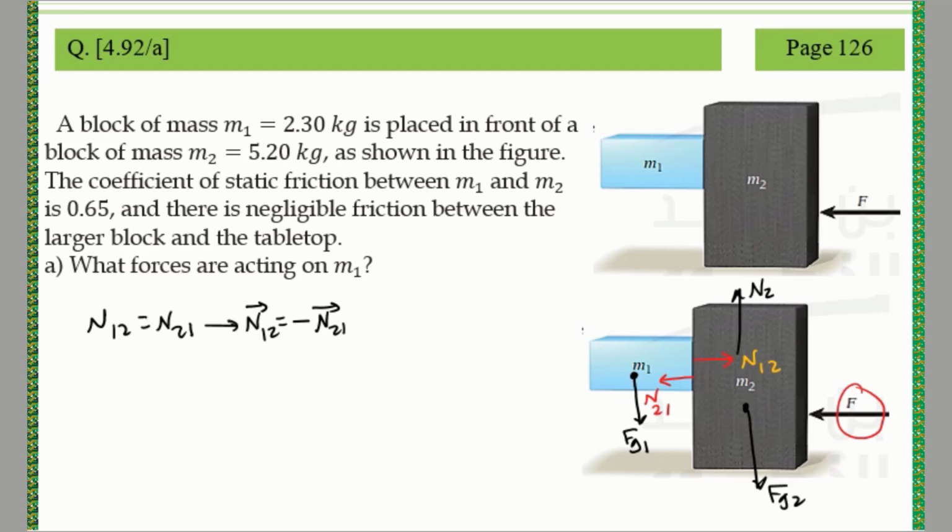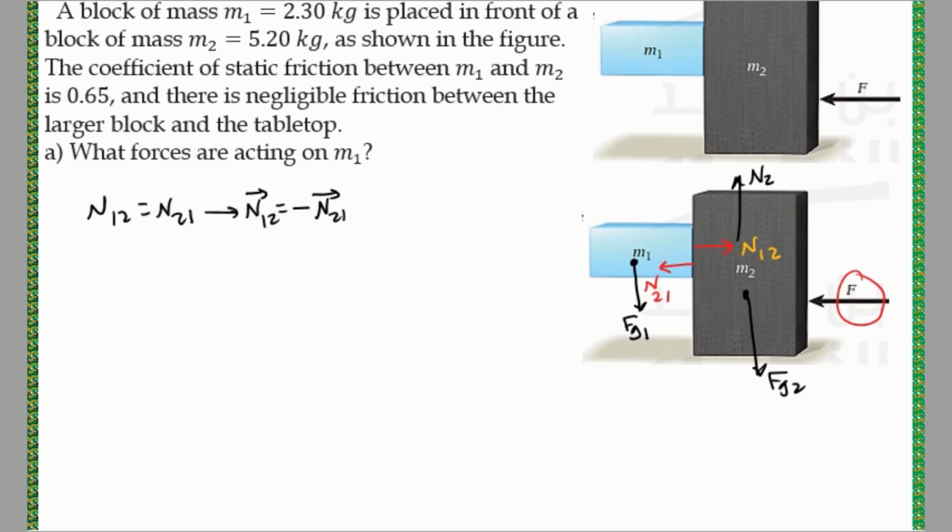So what are forces acting on M1? If we draw the free body diagram for M1, we find that there is Fg1 downward, and to the left, sorry, the pushing force from M2, which is the normal force between them, N21.